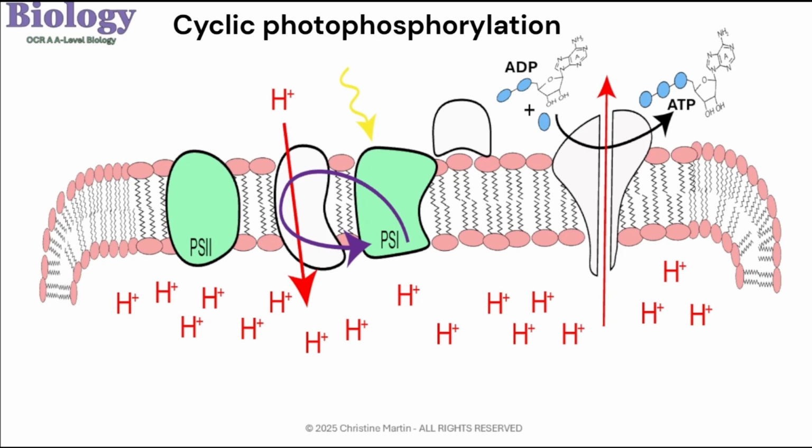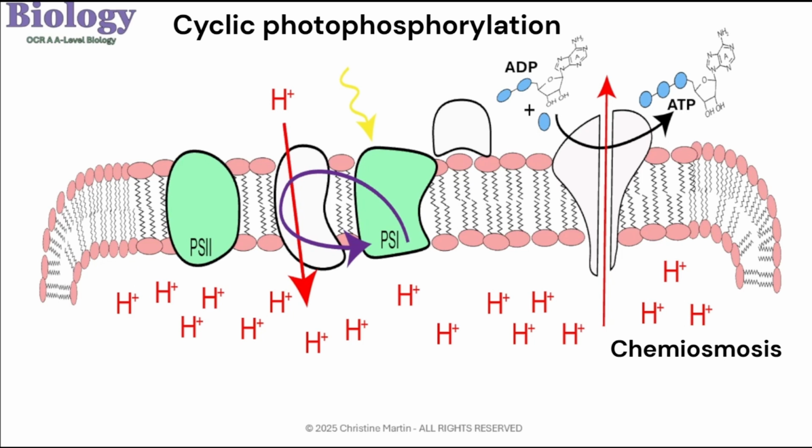So it's important to understand the electron transport chain is required to pump hydrogens against the concentration gradient so that they then accumulate within the thylakoid space. This then results in an electrochemical gradient, and those hydrogen ions will flow down the electrochemical gradient through the ATP synthase.